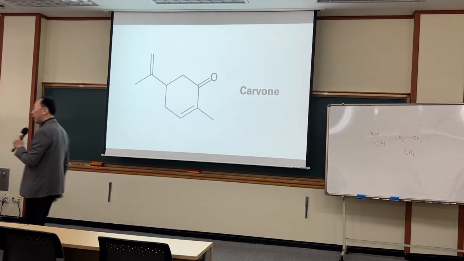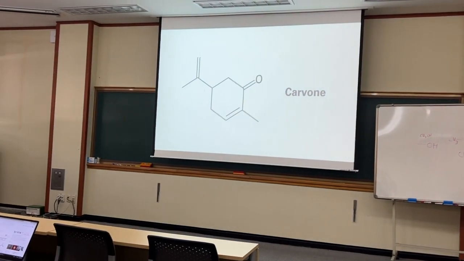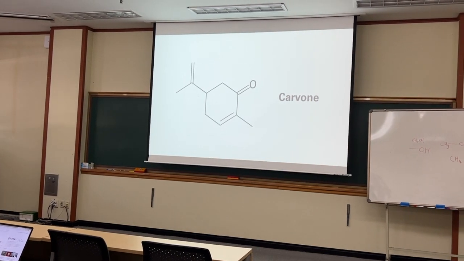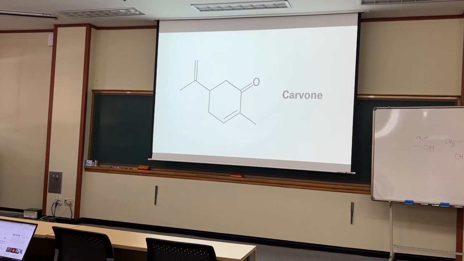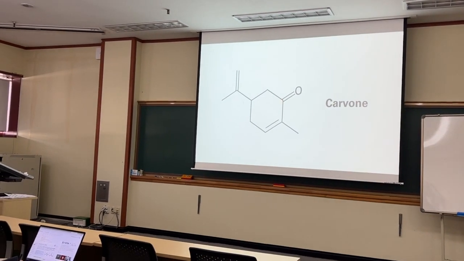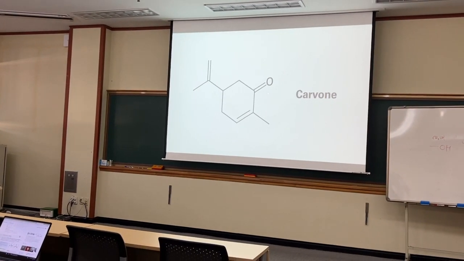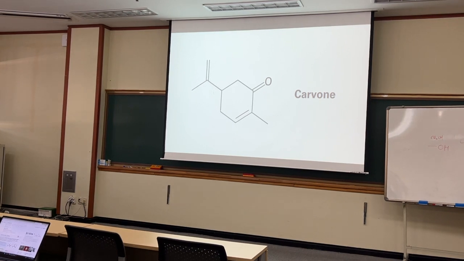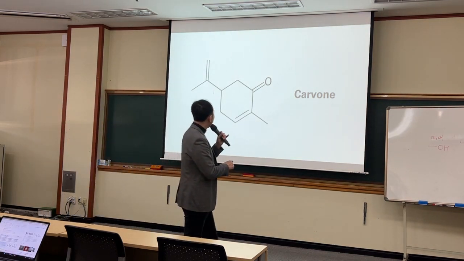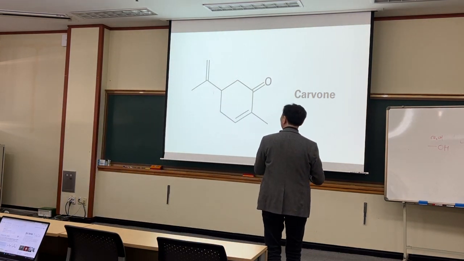Okay, this one, now let's think in retro way. If you have this kind of molecule, can you count how many hydrogens are attached there? Okay, this one, no hydrogen. This one. This carbon, no hydrogen, because carbon has 4 arms, all occupied. This one, 2 hydrogens. This one, 1 hydrogen.